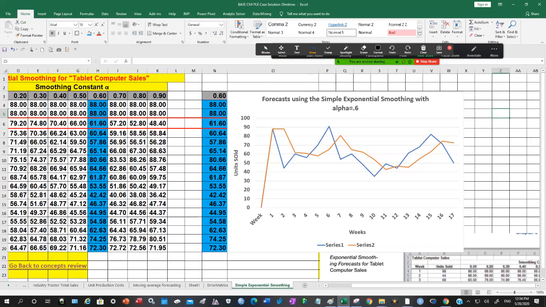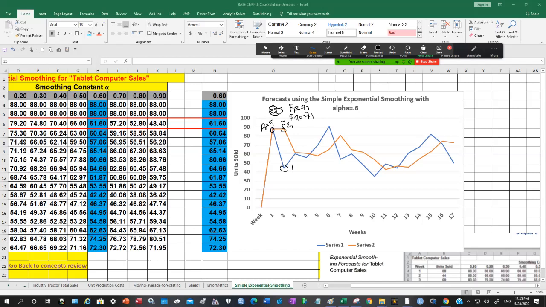So remember, F1 is A1. Okay, F2 is A1. So this is F1, this is F2. F1 and A1 are the same.